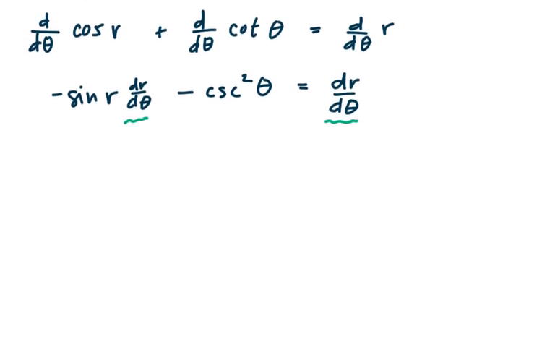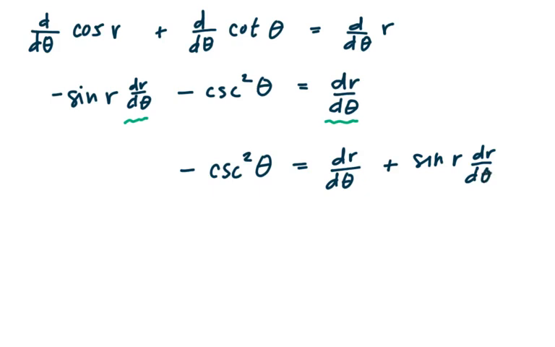So in order for me to isolate it, I'm going to collect terms. I might leave this negative cosecant squared theta equals dr d theta plus sine r dr d theta. So I've put both of those dr d thetas on the same side. Once we've collected, we can factor that GCF.